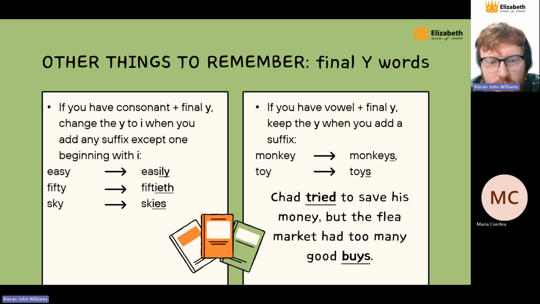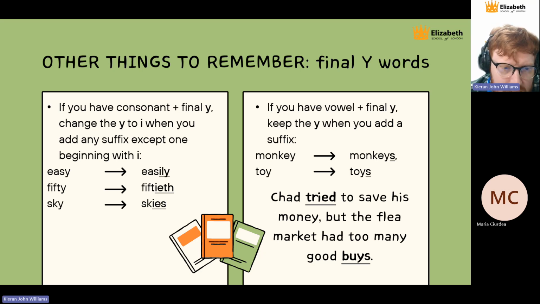Now, we mentioned the final Y before, so we're just going to mention that a little bit more now. Okay, so again, if our word finishes with a consonant and then a Y, normally we change the Y to an I when we're adding one of our suffixes.